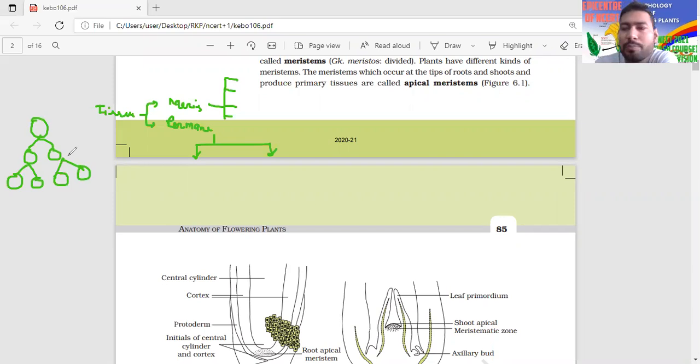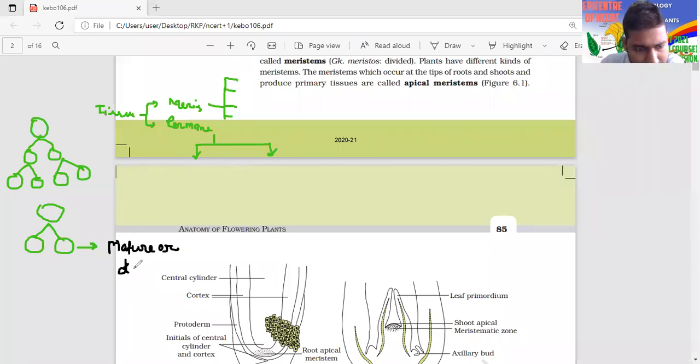Permanent cell means suppose this cell divides into two different cells and these cells become mature, or you can give another term, differentiate. These cells become mature or differentiated.